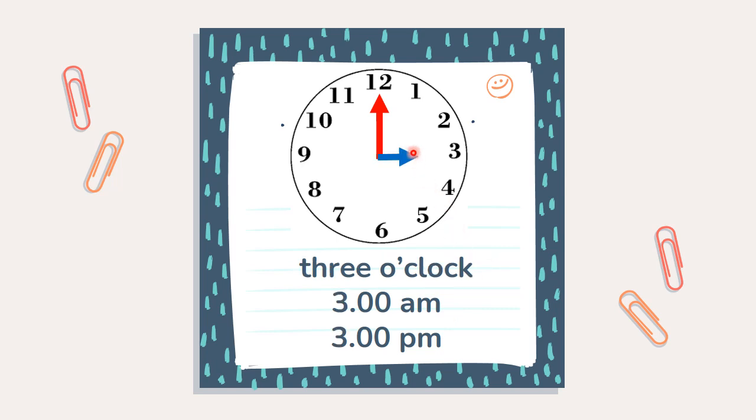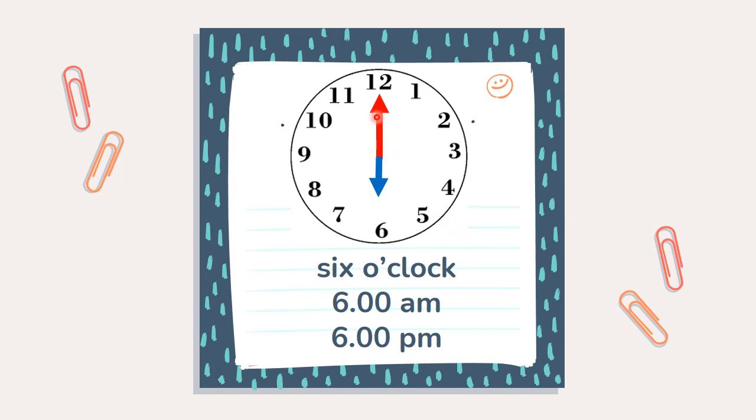For this one, the long hand is still at number 12, so we use o'clock. And the short hand is at number 3, so we use 3 over here. 3 o'clock. You can also write 3 a.m. for morning and 3 p.m. for afternoon, evening, and night.